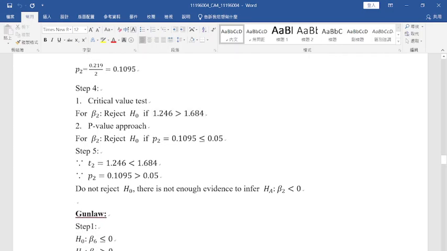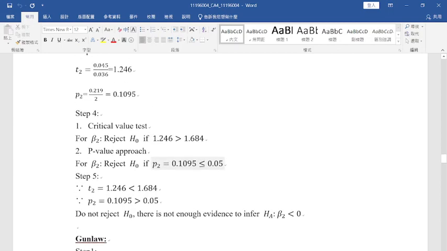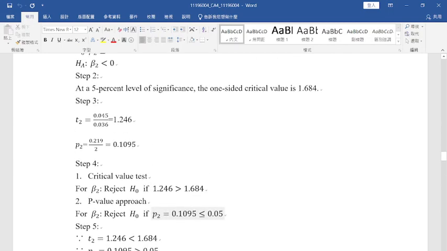And the p-value approach, if the... How come this one is 1.246, greater than 1.684? What does that mean? I think I misunderstood it before, but now I think I got it.